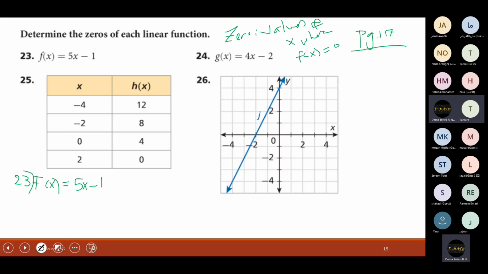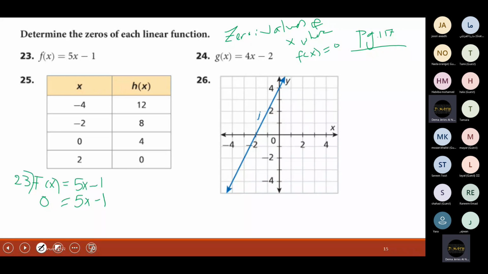So I will now put f of x as 0 equals 5x minus 1. When you want to find the 0 of a function, you find the values of x, not the values of y. So here, f of x equals 0.